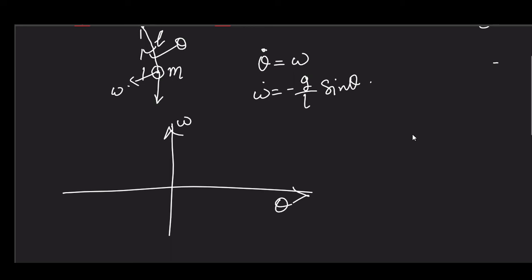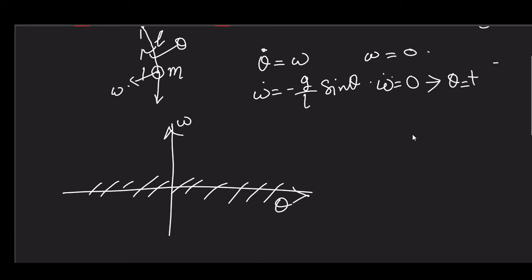So theta dot is equal to 0 implies omega is equal to 0, and your equilibrium point will lie on this line. Whether it's a single point or multiple points, we will investigate. If we want omega dot equal to 0, then theta must be 0 or pi; and 2 pi indicates the same point as theta equal to 0.